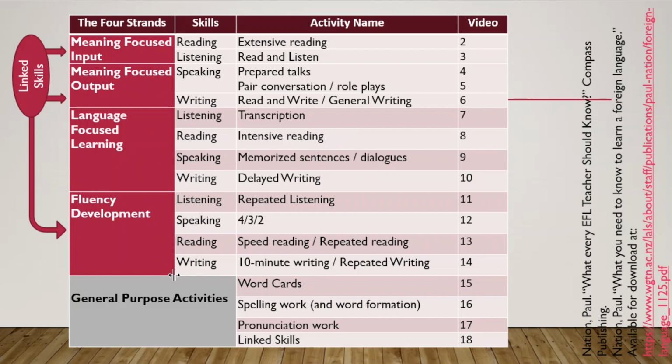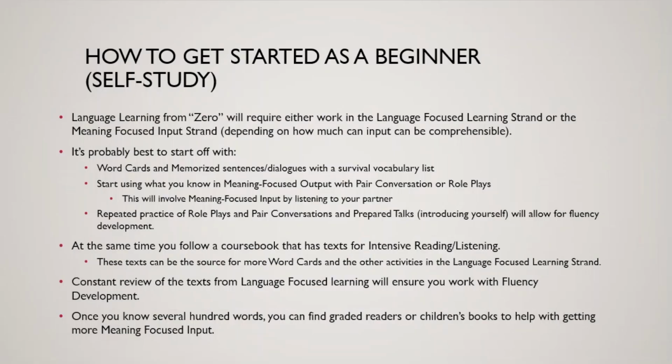Once you've used a text or two and learned it to an extent, you can also use that text with repeated reading, for example, and repeated listening. Those intensive readings will give you a source for your word cards. So new vocabulary will start coming in after your survival vocabulary.